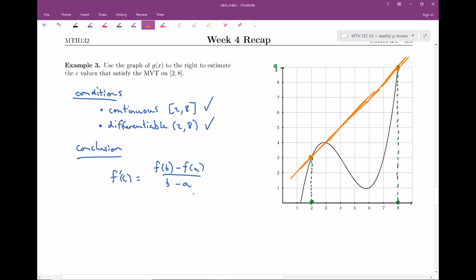Well, remember, this is slope of secant line. Think average rate of change. Oops, forgot my A here. Average rate of change. And the derivative, this is the slope of the tangent line.